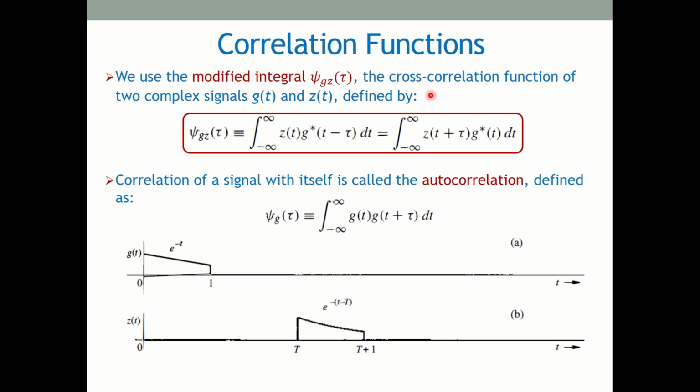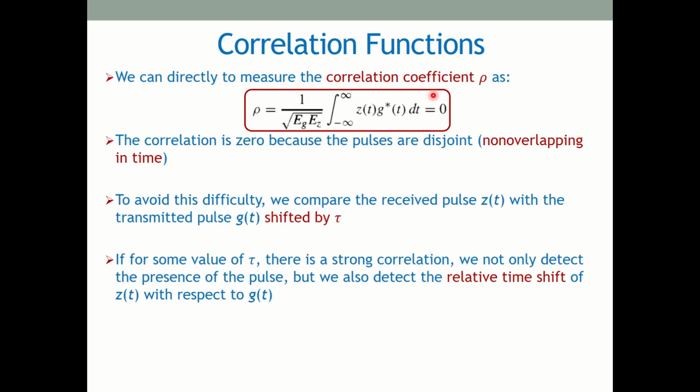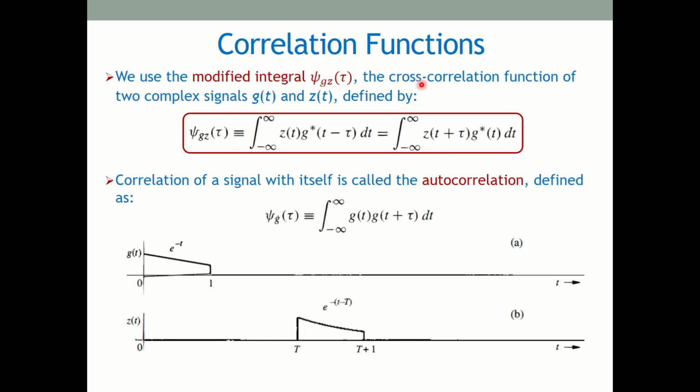It's called the cross correlation function. So this was called the correlation function rho, and this one is called the cross correlation function, where you can see one of the signals is delayed or advanced by time tau, and so we will get some non-zero result from this.